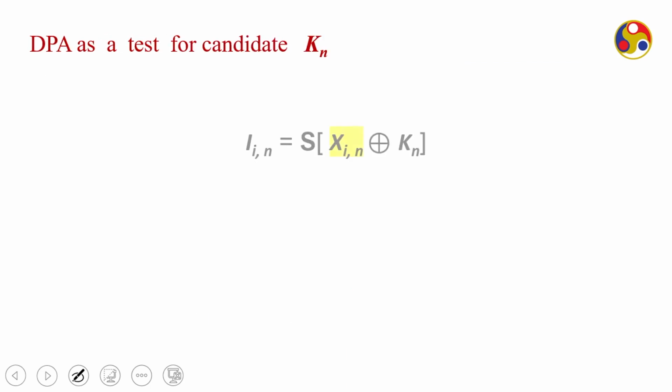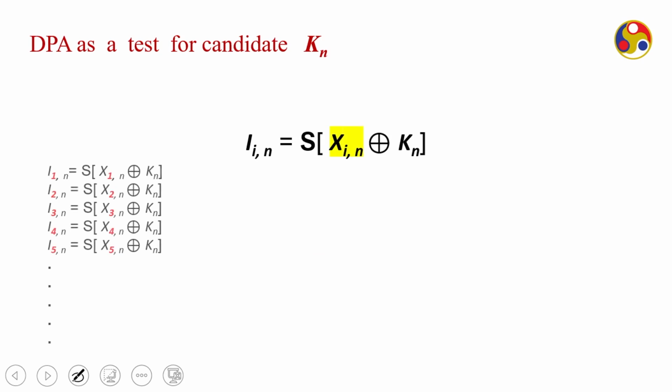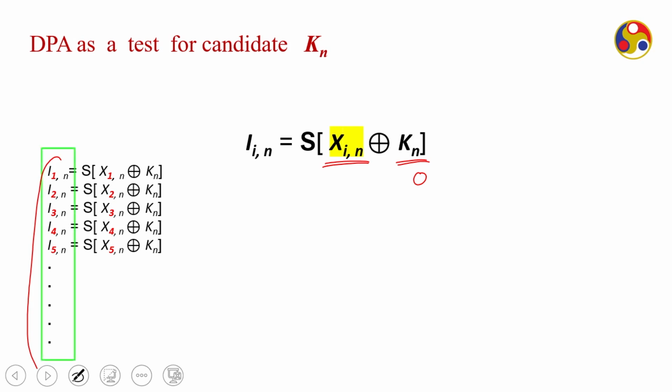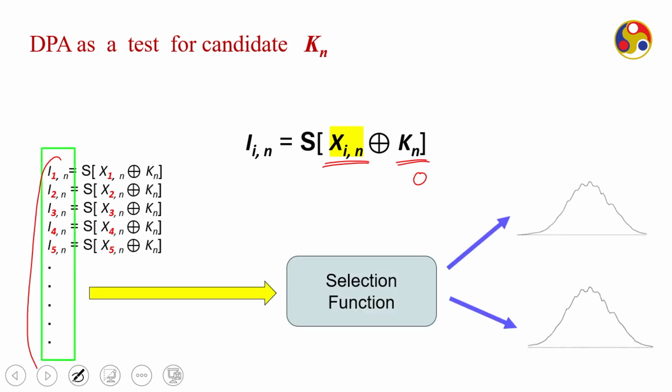So, what I am going to do now, this is now understood by you, that I know this and I have control over this value. I will give say 10,000 or 1,000 such plain texts, and I will pick a specific value for this. I will set it to say 0, then I assume whether the key is 1, key is 2, key is 3 and so on, and then I will access this and I will get this. The only thing is that this is not available to me, but I have the power pattern corresponding to this.